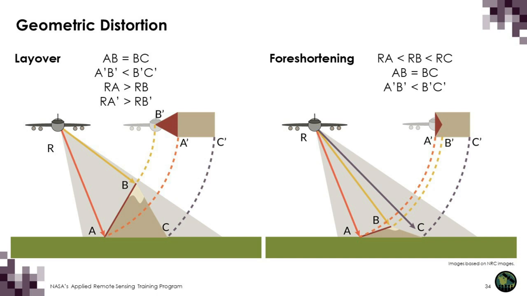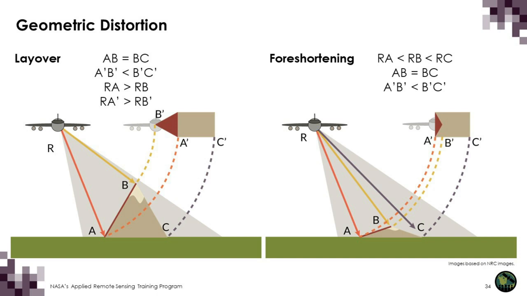So layover is most severe for small incidence angle at the near range of a swath and in mountainous terrain. And then we have foreshortening on the figure on the right, and that occurs when the radar beam reaches the base of a tall feature that's tilted towards the radar, so for example a mountain, before it reaches the top.